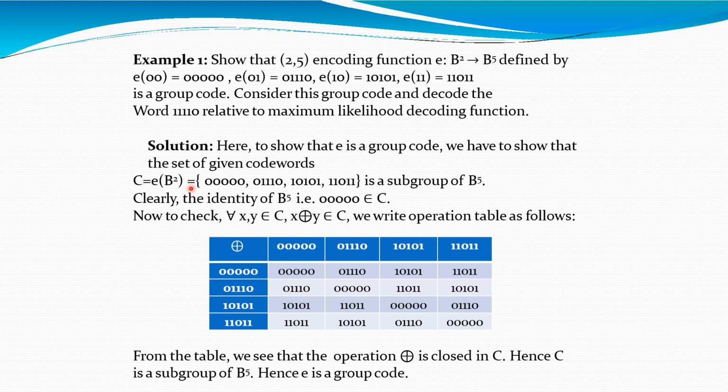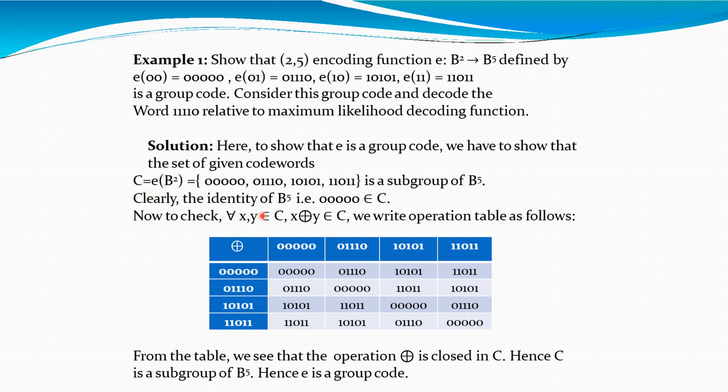That is, we have to show that the set of code words C equal to E of B2 is a subgroup of B5. Now to show that it is a subgroup of B5, we check for identity element and closure property. Now the identity element of B5 is 00000, which is a member of C as it is a code word.